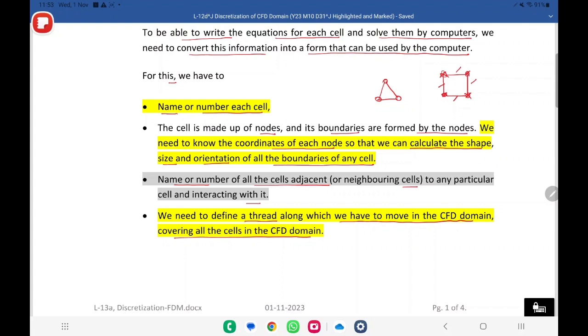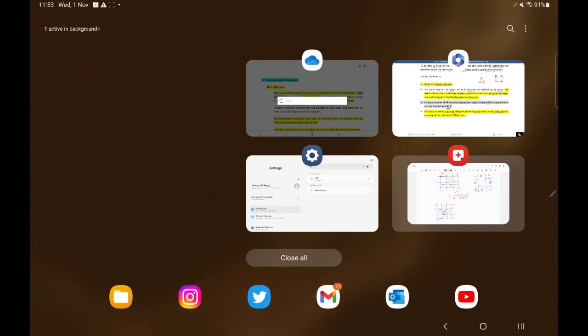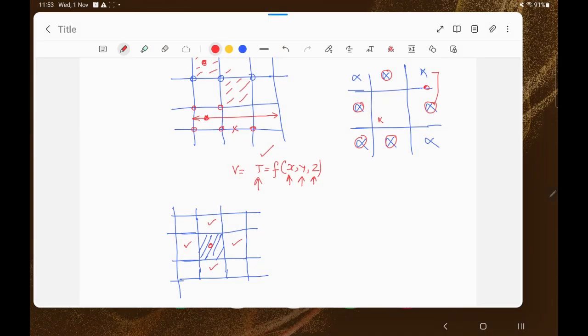how the computer will move from one cell to another, right? In a simple case, you can move from here to here, here to here, then here, then here. You can go systematically, but still you have to decide.